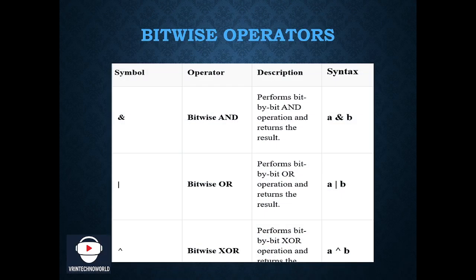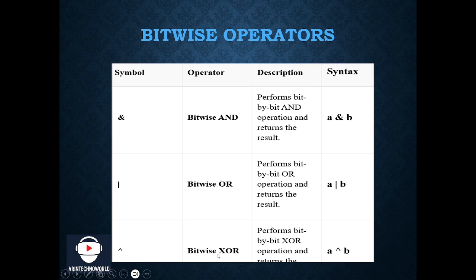For example, bitwise AND results in 1 only if both the bits are 1. Then bitwise OR: the result is 1 if any one of the bits is 1, because you are using OR.